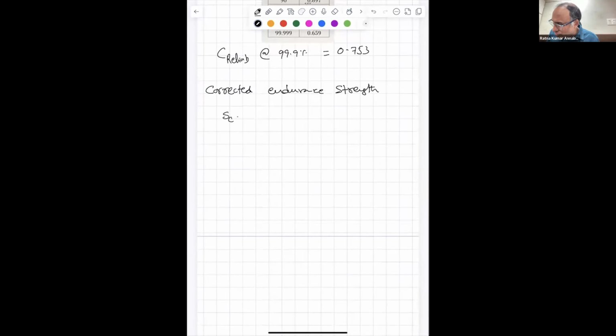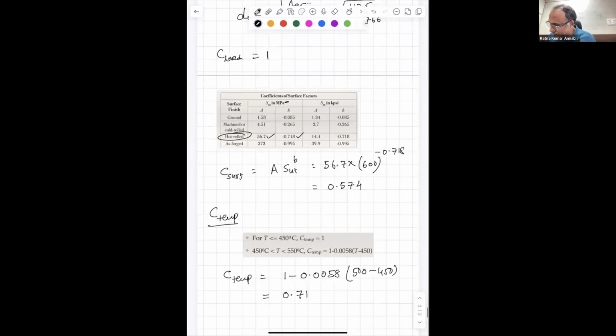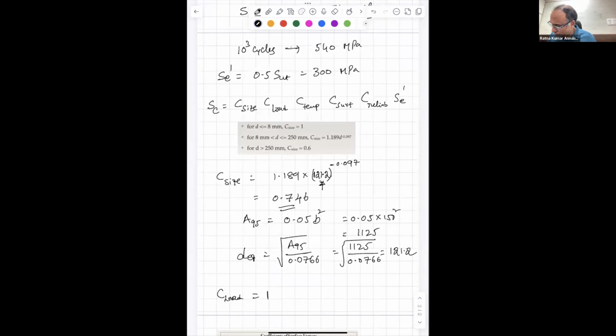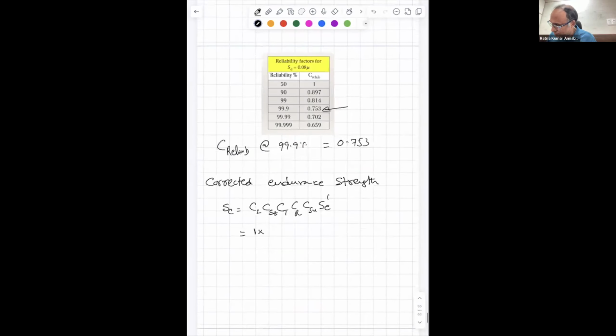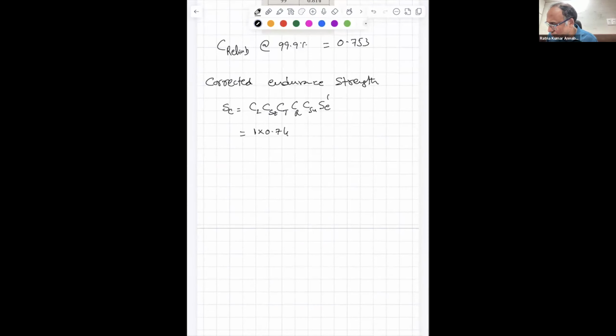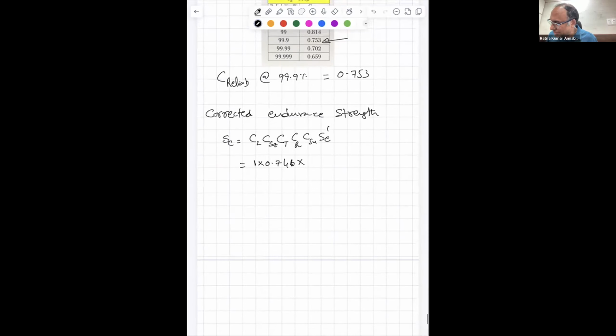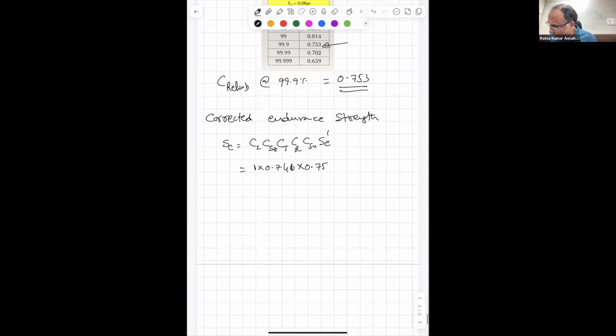Corrected endurance strength Se is equal to C load, C size, C temp, C reliability, C surf times Se dash. What is C load? 1. C size is 0.746. C temp is 0.71. C reliability is 0.753.